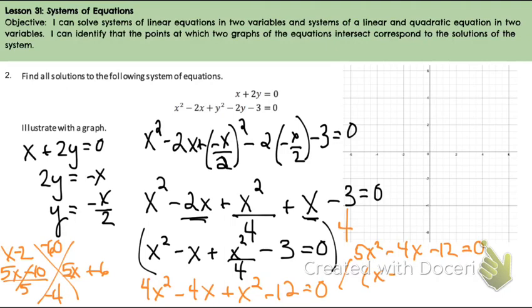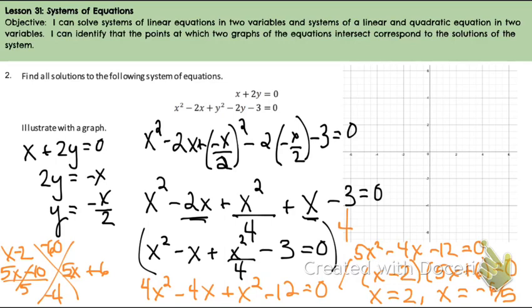So I'm left with x minus 2 times 5x plus 6 equals 0. x equals 2, and x equals negative 6/5. Okay, those are the values. So now I know the x values where the line will intersect with the circle.